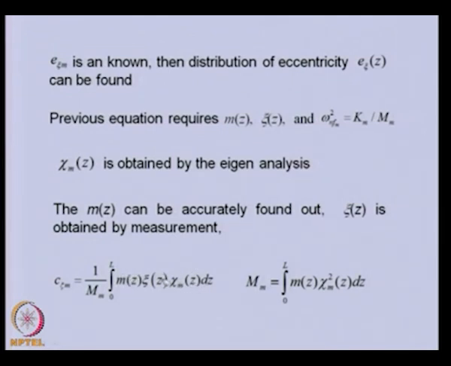This eigenfunction we can obtain for the system for the chosen boundary conditions, and the generalized mass is again expressed in terms of the mass distribution and the eigenfunction. So you can see that with the help of these quantities we can get the distribution of the eccentricity. And once we know this eccentricity variation, we can balance the rotor, because this is the main aim: what is the eccentricity variation?